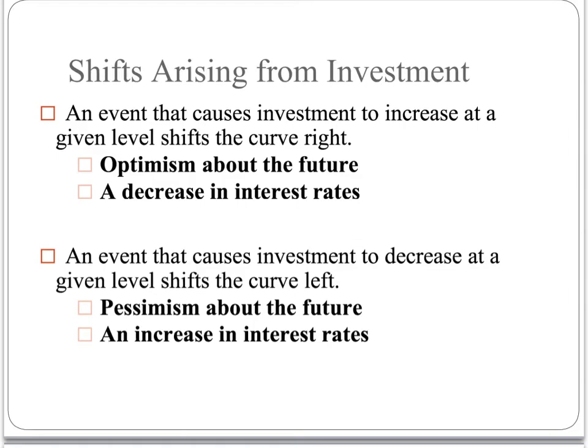If it's cheaper, I'm more likely to buy a house, which means a low interest rate buys me a house. For the business, that might mean more capital goods, another factory, a larger facility, whatever the case may be. A decrease in interest rates means I can buy more. And vice versa, an increase in interest rates would be shown with a shift of the curve to the left.